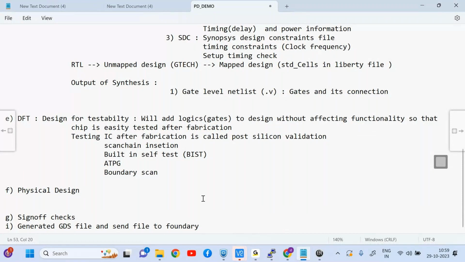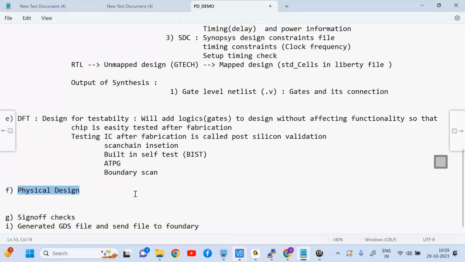Now, still the design is in what form? It is in gate level form only. Even the DFT team is going to add some additional cells. They have some logic to insert the cells, and based on that they will add the cells without affecting functionality. After that, they will forward the netlist to the physical design team. They will forward the netlist only.